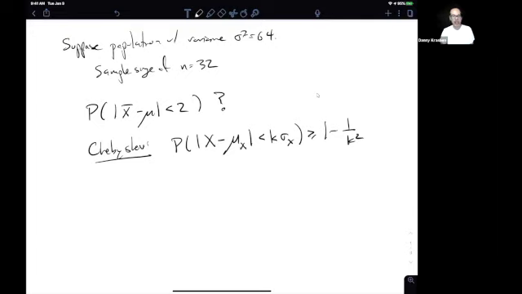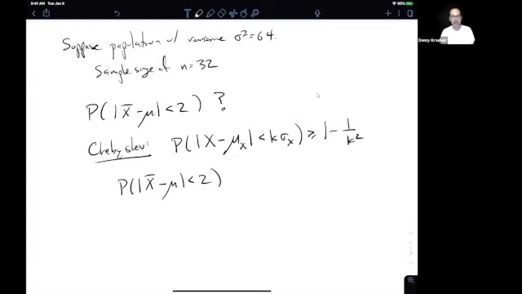So this is a general purpose tool that works for any random variable. In our particular case, we're wondering what's the probability that this particular random variable, the sample mean, is within 2 units of its mean.